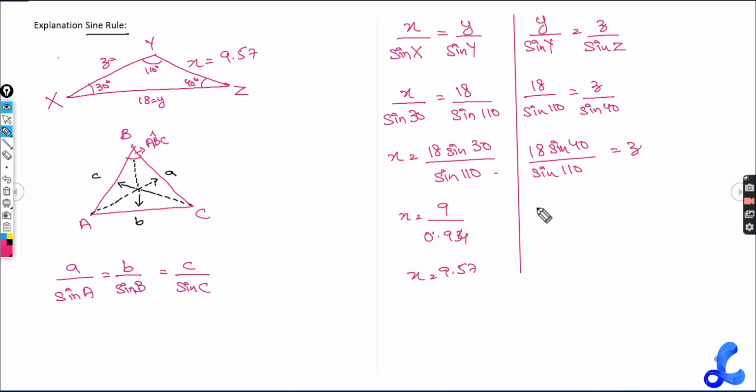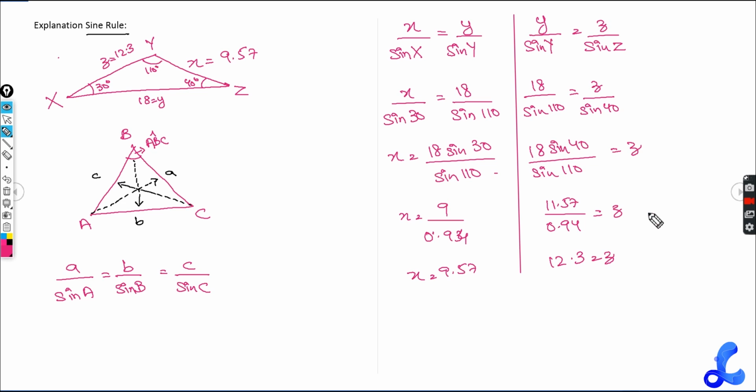Let's try to figure this out. Sine 40 gives us 0.64. When you multiply it by 18, you get 11.57. And sine 110 gave you 0.94, which we figured out earlier. So 11.57 divided by 0.94 gives you 12.3. So z equals 12.3. Now your answer for z would be 12.3.